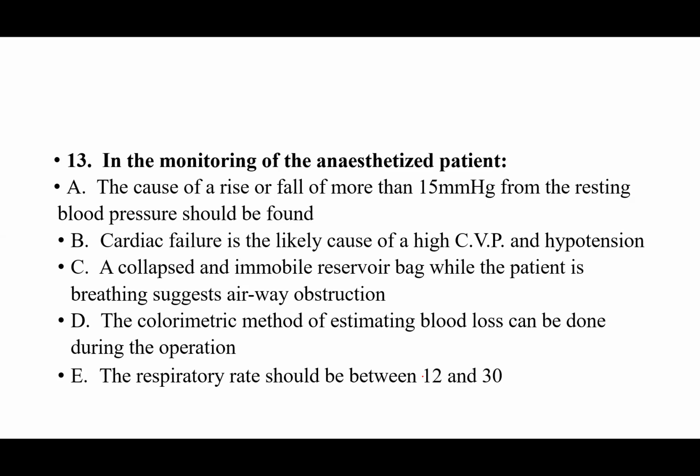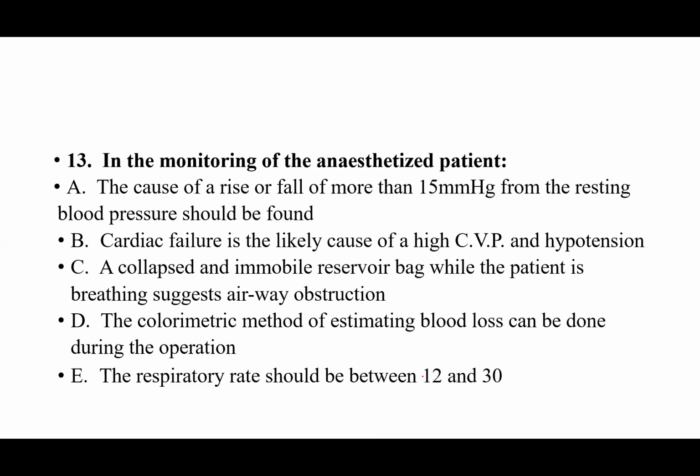B, cardiac failure is the likely cause of high CVP, central venous pressure, and hypotension. C, a collapsed and immobile reservoir bag while the patient is breathing suggests airway obstruction. Yes, sir, it's true. Option C is true.